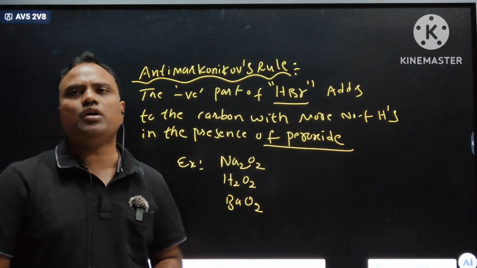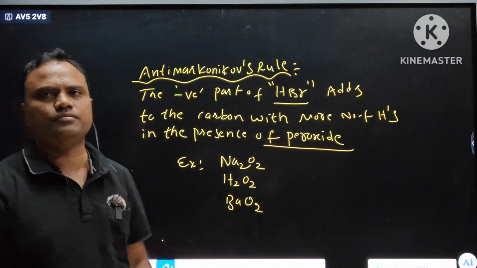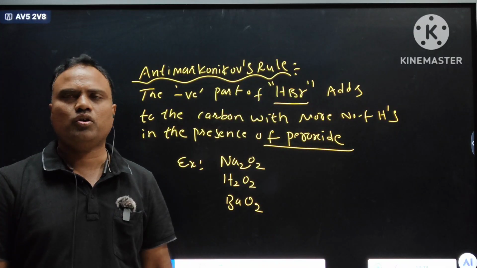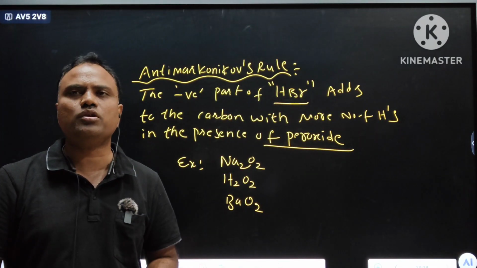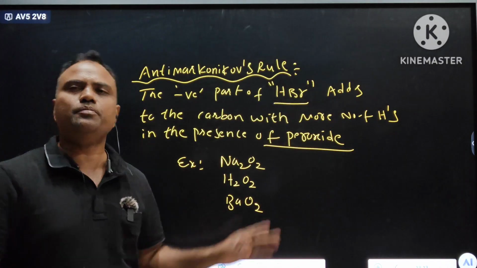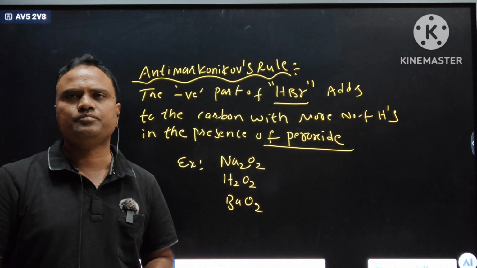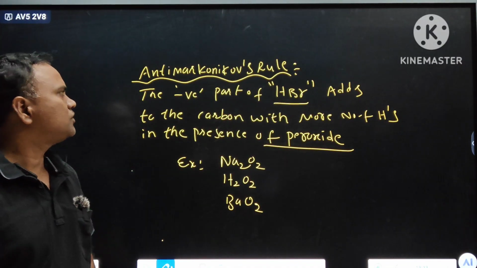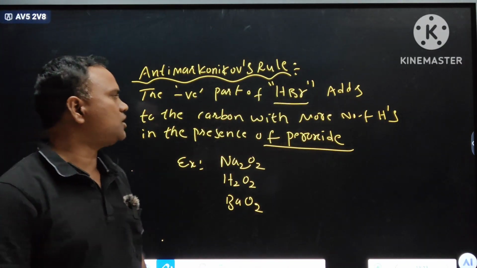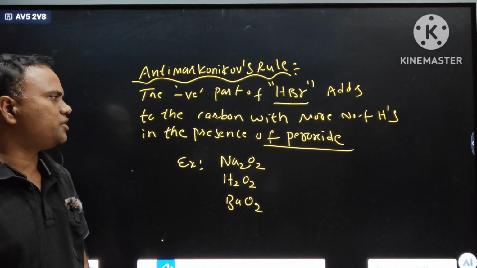If you have HBr without H2O2, then don't follow this. If you have only HBr, don't follow. When you have to follow anti-Markovnikov's, HBr along with any peroxide. The negative part of the HBr adds to the carbon with more number of hydrogens in the presence of peroxide.